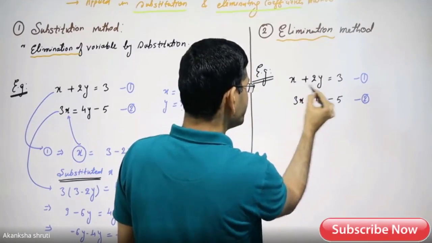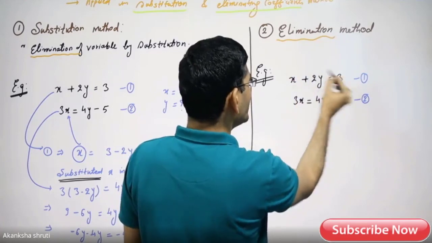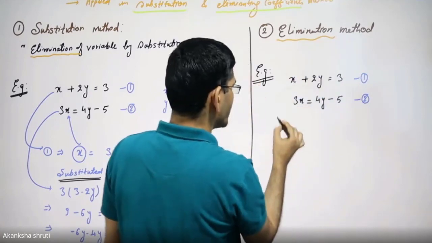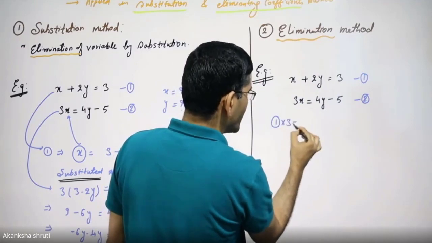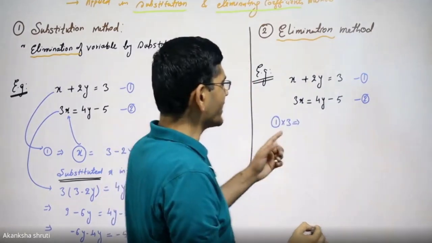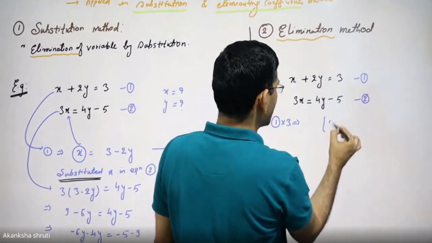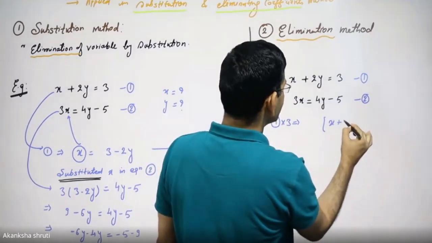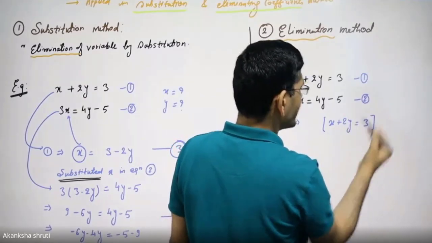If I am going to multiply equation 1 by 3, multiplying any equation by any number means we need to multiply both sides. It is written like this: x plus 2y is equal to 3, both sides multiplied by 3.